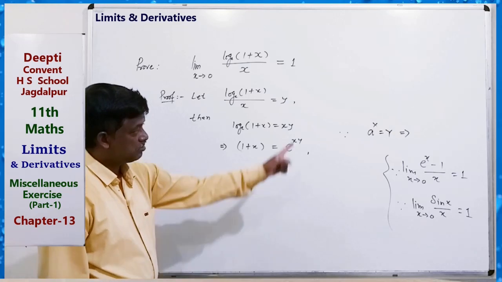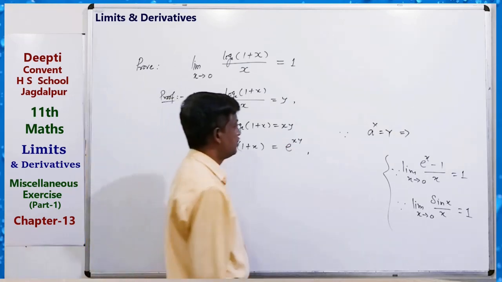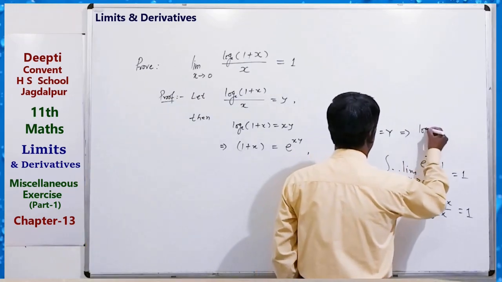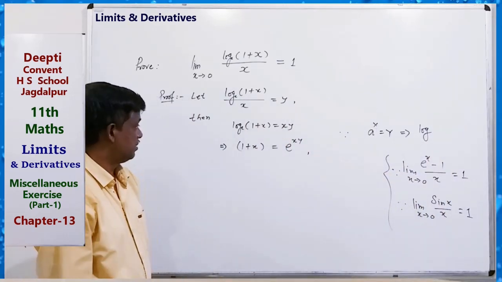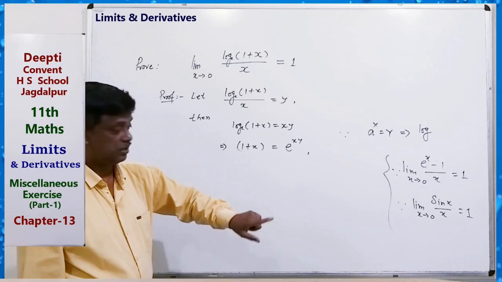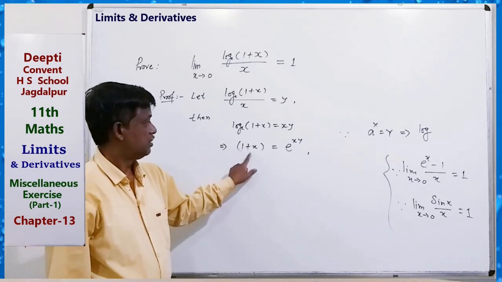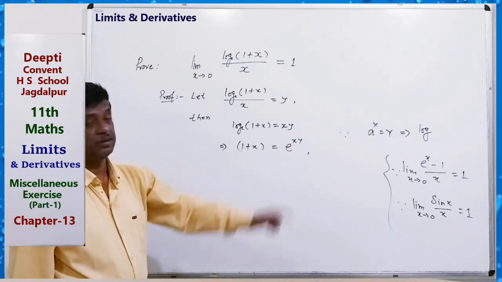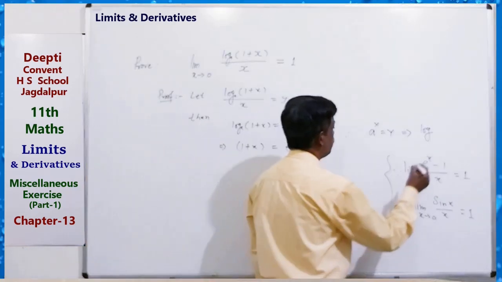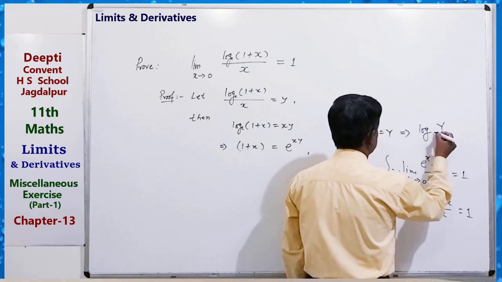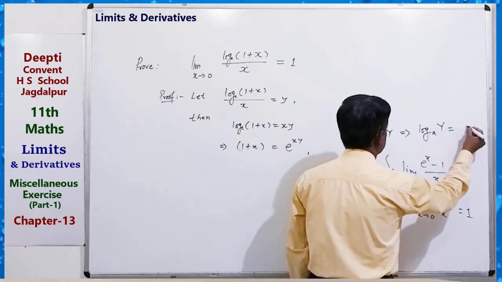a is the base. So log of y to the base a equals x. The formula is: a to the x equals y means log of y to the base a equals x.